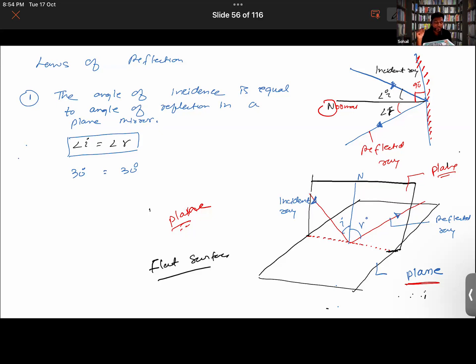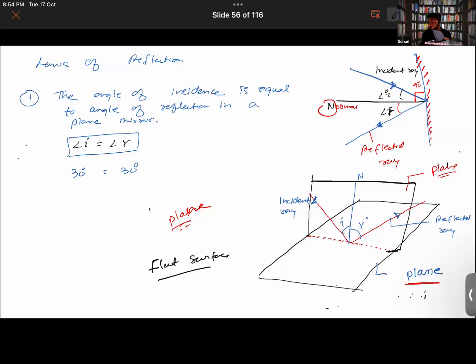Am I getting across what I'm trying to say here? It will exactly get reflected back from this plane. It will be coming in this manner and then get reflected in this manner.